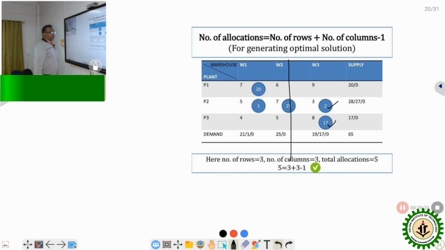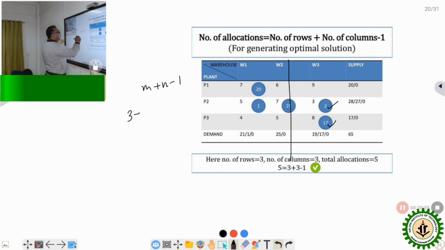So here number of row is 3, number of column is 3, so the allocated cell should be what? M plus N minus 1. I told this that it should be M plus N minus 1. So let's see, 1, 2, 3, 4, 5.